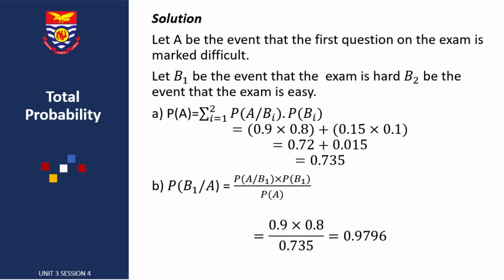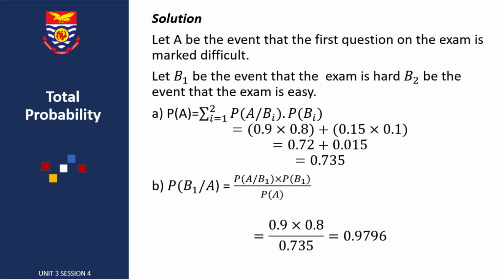So let A be the event that the first question on the exam is marked difficult. I'm going to let B1 be the event that the exam is hard. Then automatically B2 will be the event that the exam is easy. We have to find the probability that the first question on the examination is marked difficult.